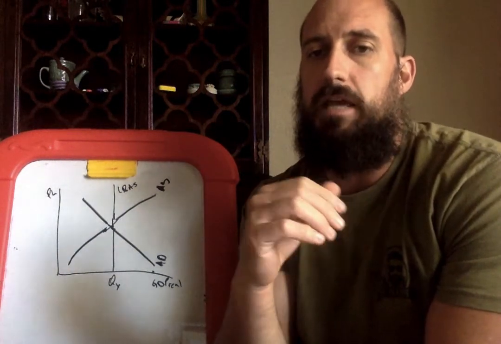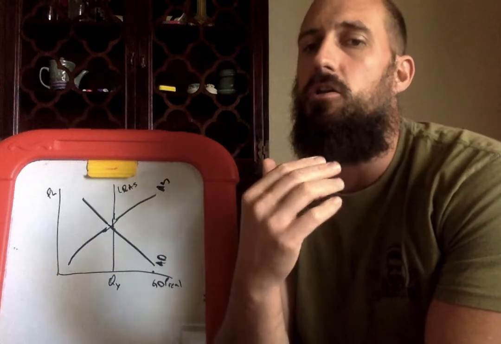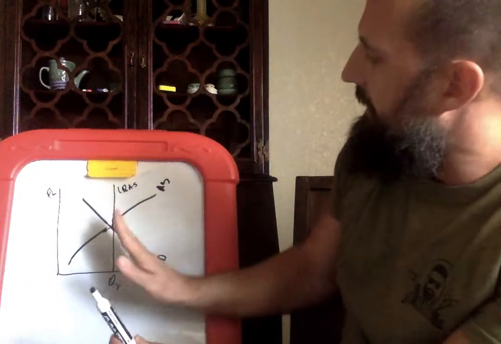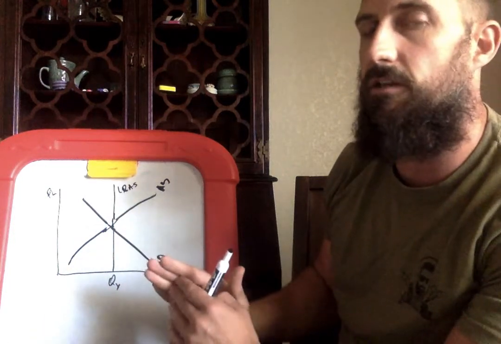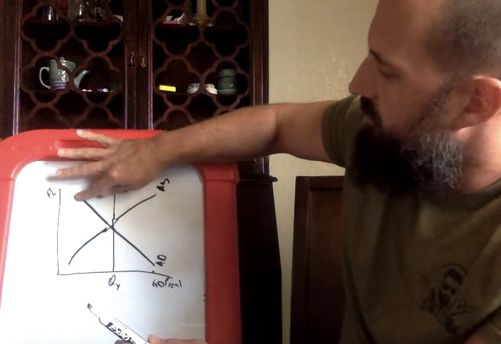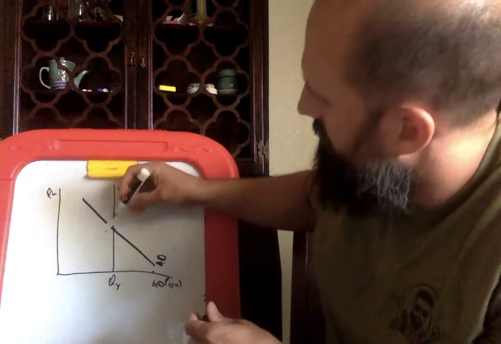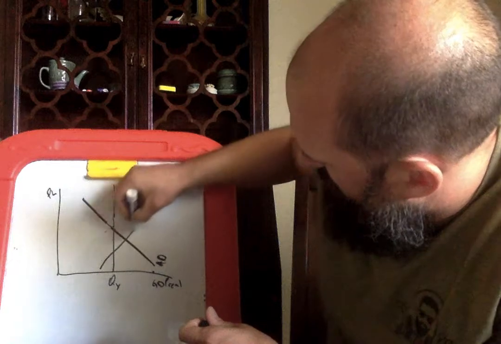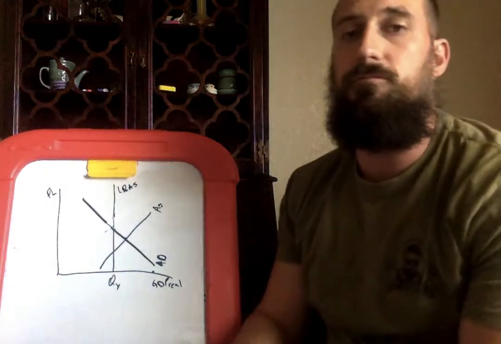Now, there are two gaps that we're going to look at. We're going to look at the inflationary gap, and we're going to look at a recessionary gap. So let's first look at an inflationary gap. An inflationary gap would be anything where aggregate supply and aggregate demand intersect to the right of the long-run aggregate supply curve. So we can look at it as something like maybe this. This would be an inflationary gap.